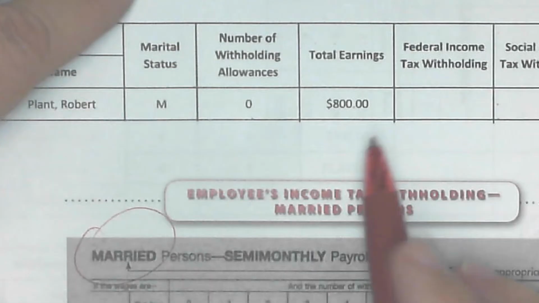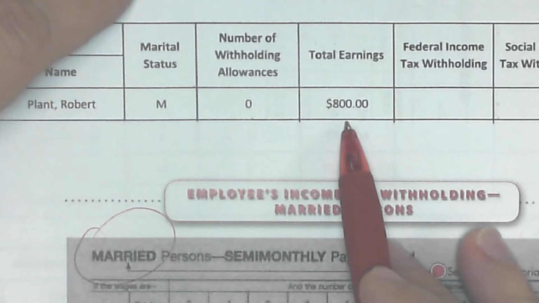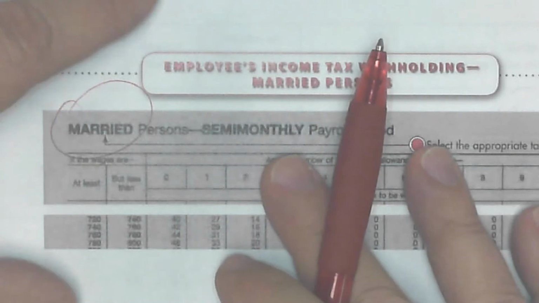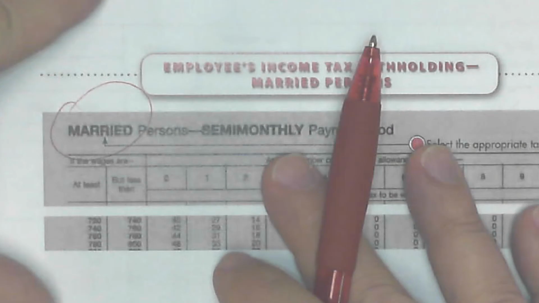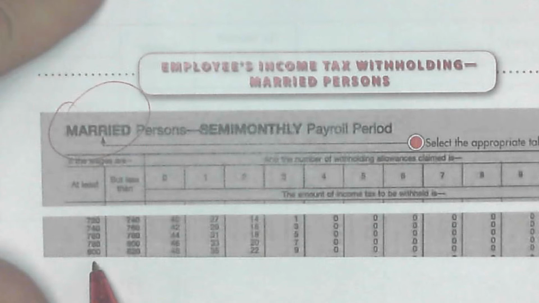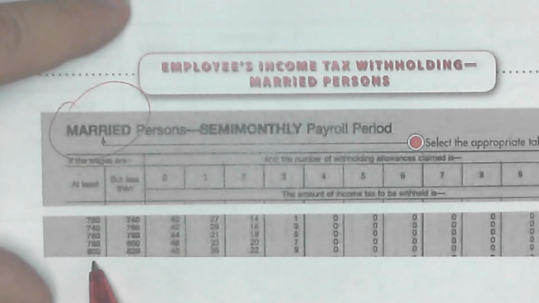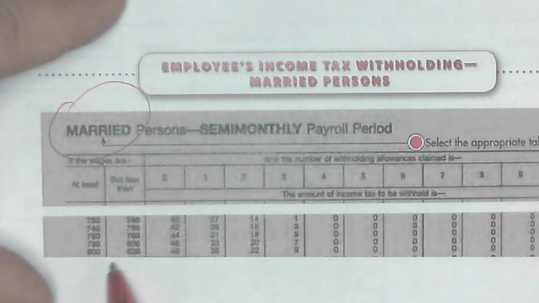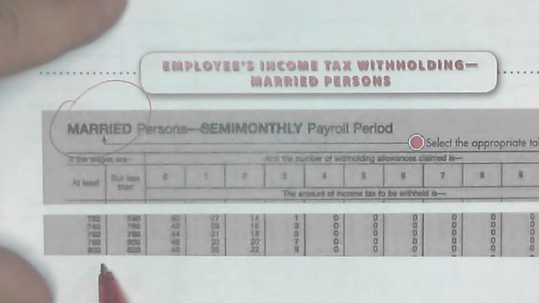So he made $800. Did he make less than $800? I see some heads shaking no, which is correct. So we go down one more line to where it says at least $800 because he made $800 exactly. So you've got to watch out for that on some of these.